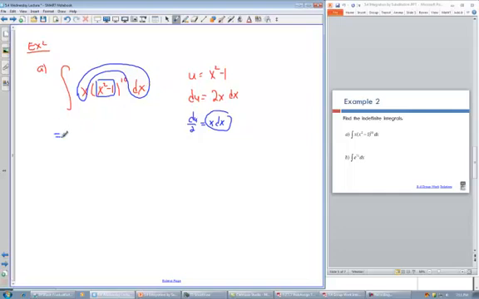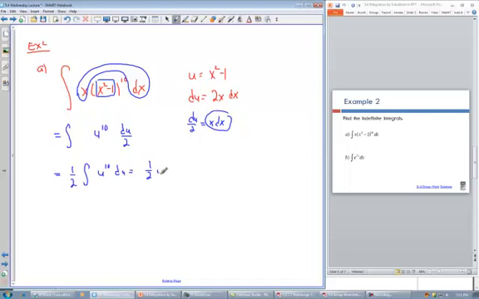So this is equal to, I have u to the 10th, so x squared minus 1 is my u to the 10th, and x dx is du divided by 2. Then I can do a little bit of algebra and move the 1/2 outside the integral sign. It's probably the easiest way to do it. So that's 1/2 the integral of u to the 10th du, and that's just a power of u, so I add 1 to it and I divide.